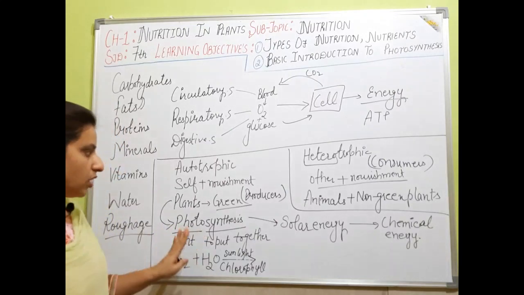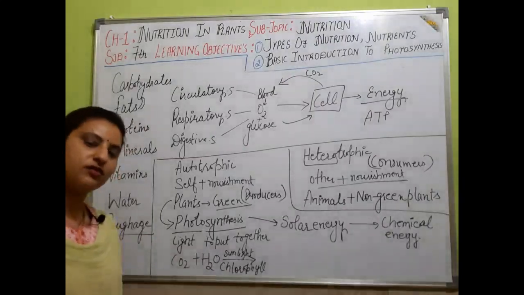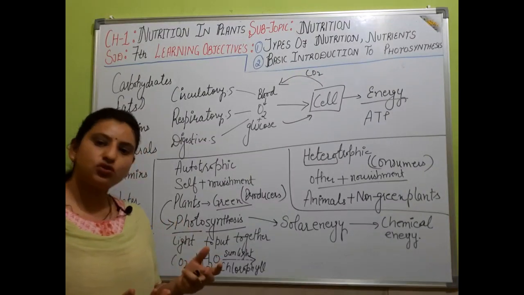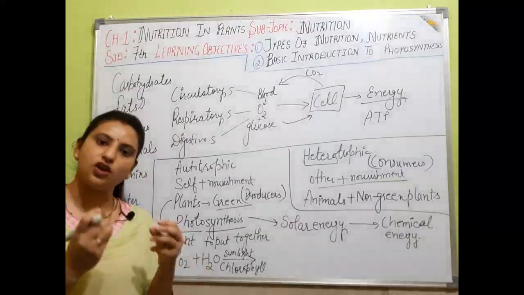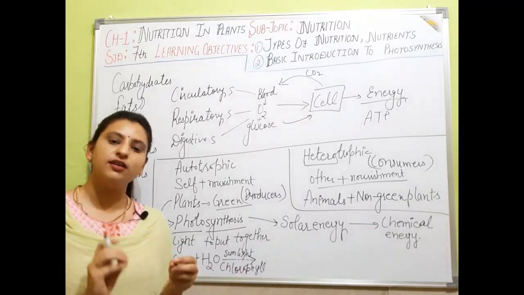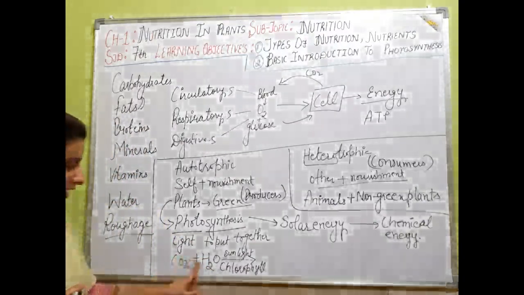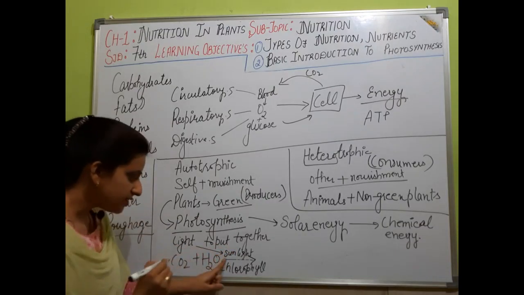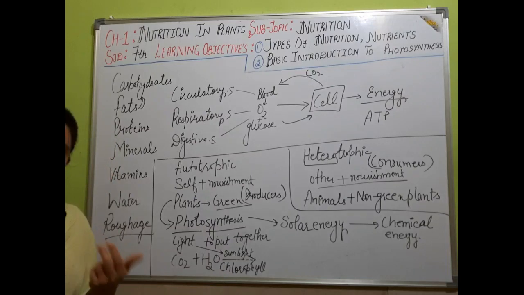Up to now, because we are just introducing photosynthesis, it is only to give you the names of the main components contributing to photosynthesis. Carbon dioxide and water combine, put together in the presence of light, that is sunlight and chlorophyll, and what you are going to have?